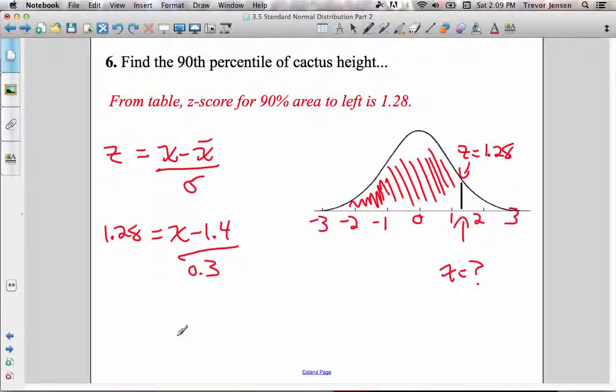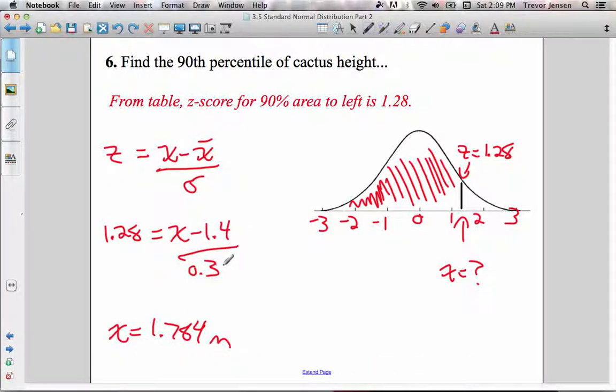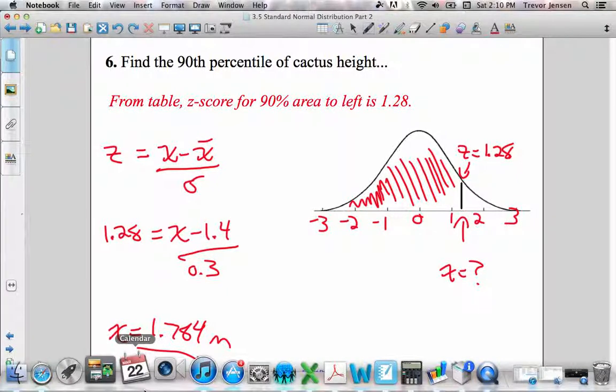So now all you have to do is solve for x. Do 1.28 times 0.3, and then add your 1.4, and you'll get a cactus height of 1.784 meters. So a cactus of 1.784 meters would be in the 90th percentile, meaning 90% of the cacti will have a height of this or less.